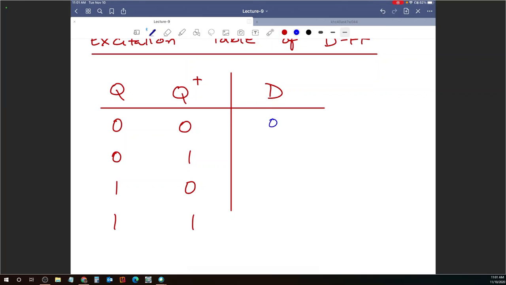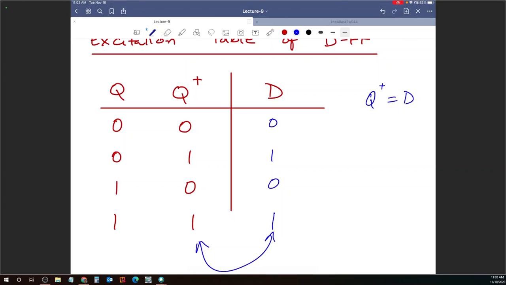What about the next one? It's a data flip-flop. Whatever goes in comes out, right? In fact, the characteristic equation of the D flip-flop was Q plus equals D. So we could literally just write that, just these two the same, and we are done.